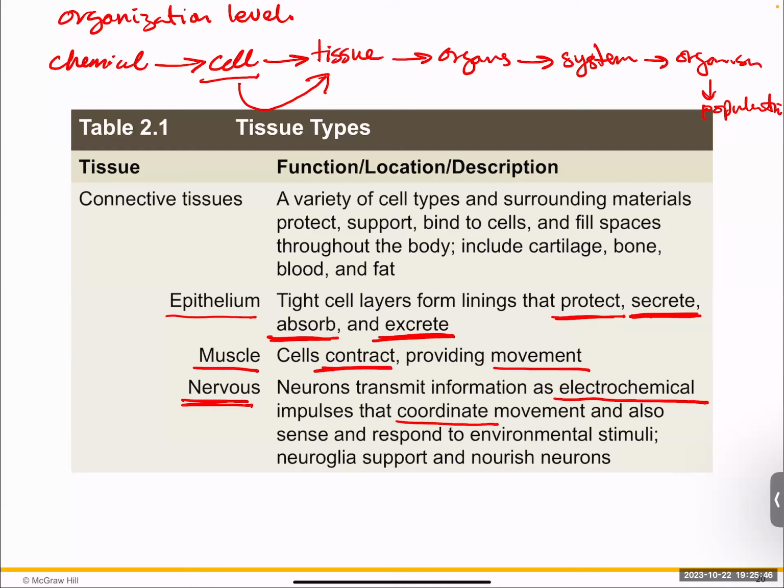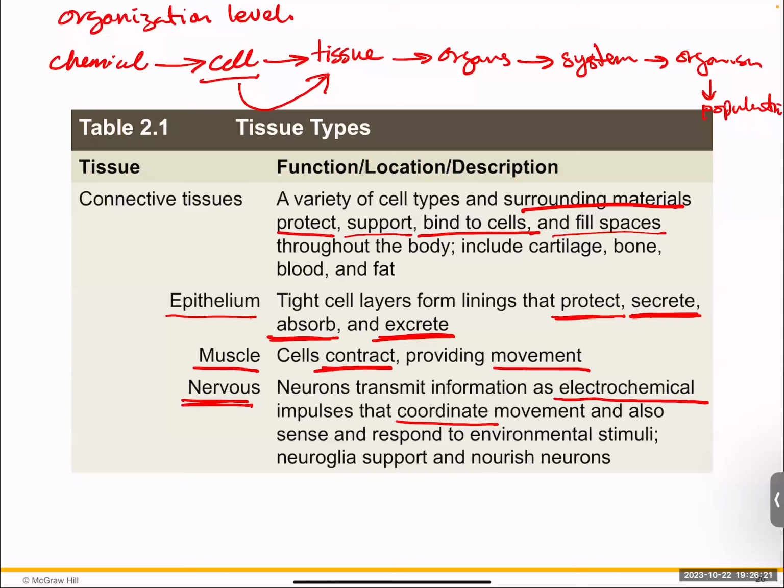Now, I didn't talk about connective tissue because I wanted to show you the other three main groups first. The way I think about it is if it doesn't belong to the other three groups, then it falls under connective tissue. Things that support, protect, surround different tissues in our body, bind things together, and fill in the space are all connective tissue.